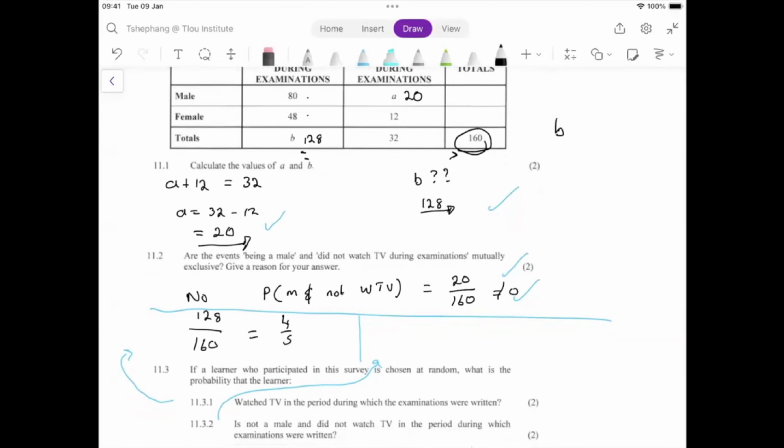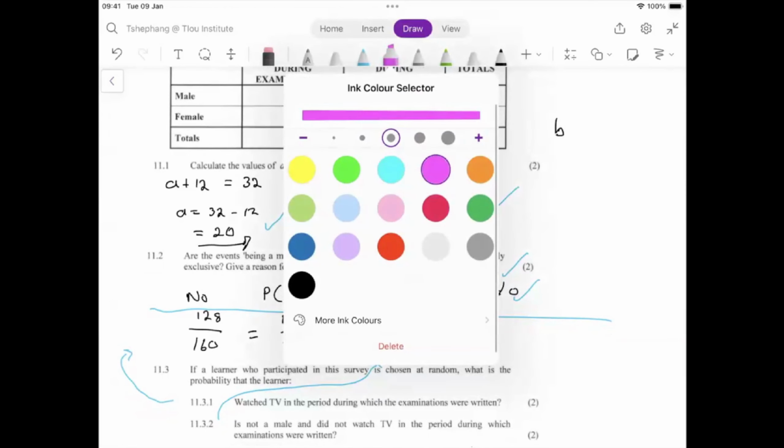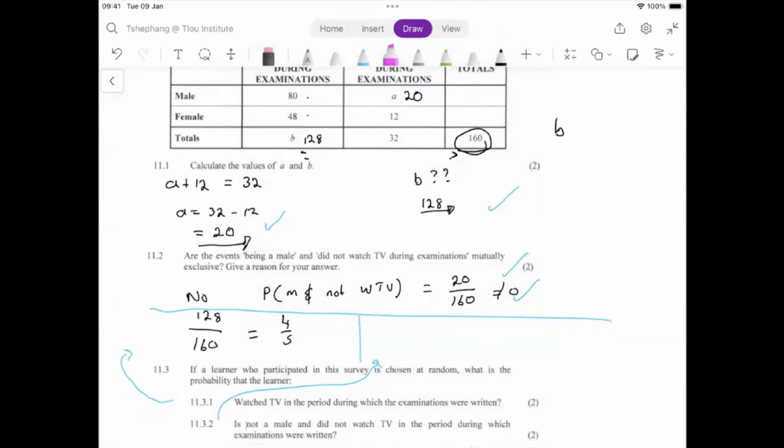Now, the next question. This learner is not male. This is very important. Not male and did not watch TV. Okay, if this learner is not male, this learner has to be female.